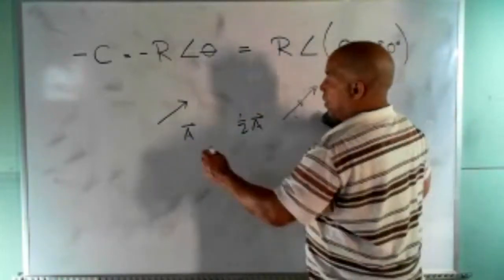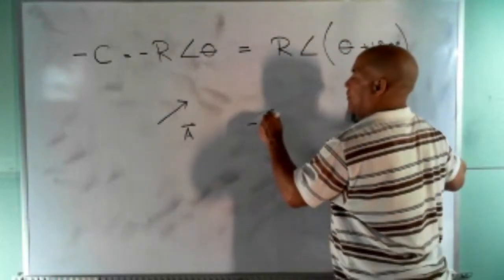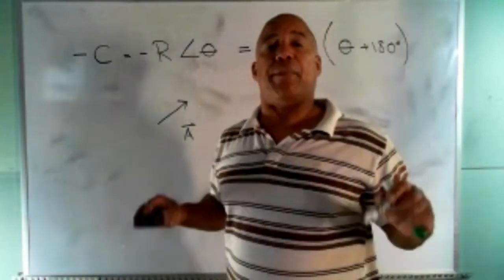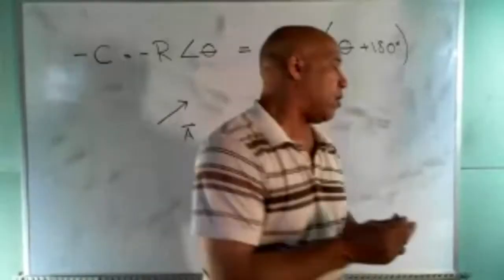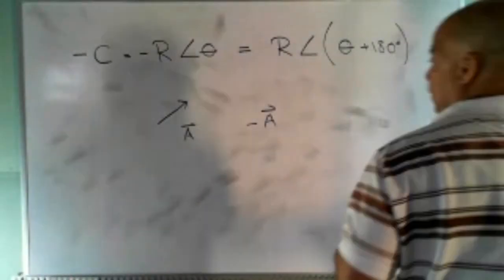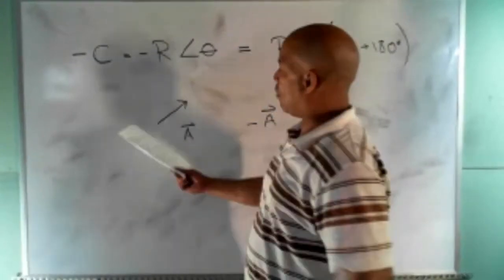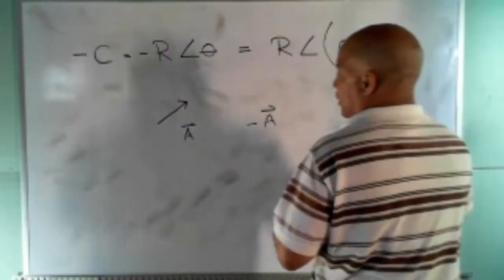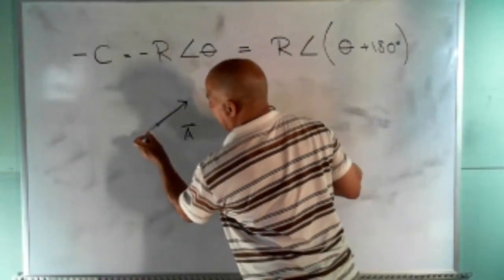But what would this look like? If that's vector A, then where's negative A? Negative A is always the mirror image. What I mean by that is, imagine I hold a mirror right here. If that's A, and I look into the mirror, what I would see in the mirror is another vector going like this.